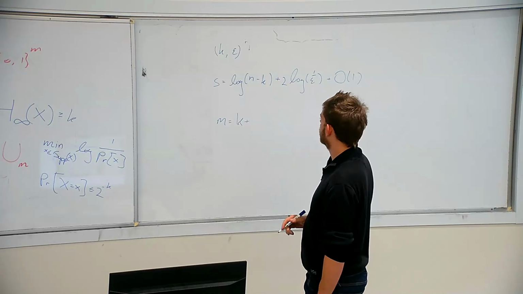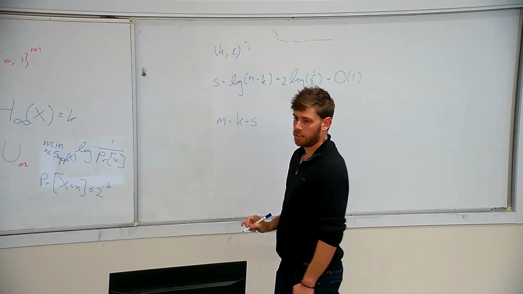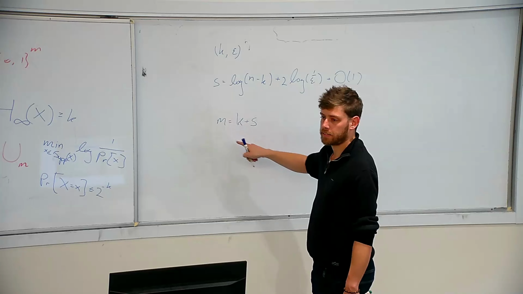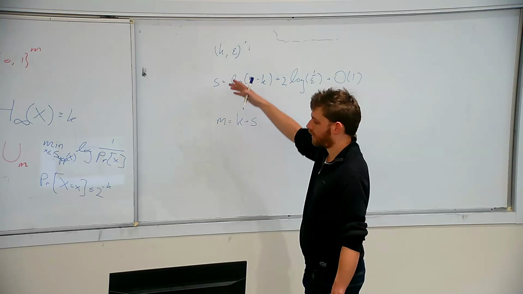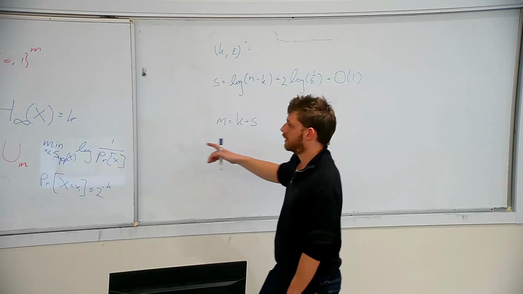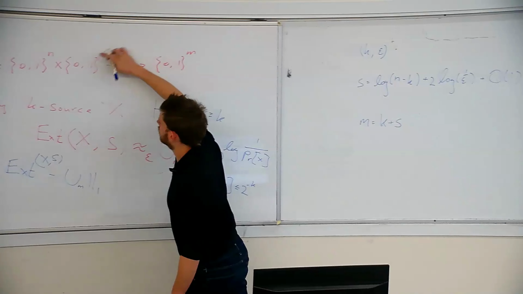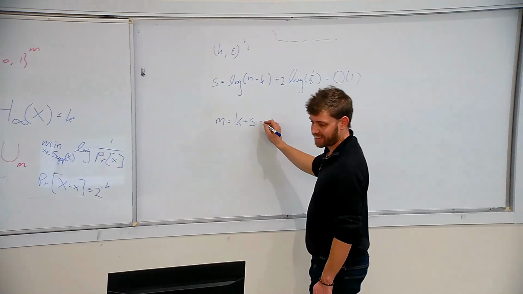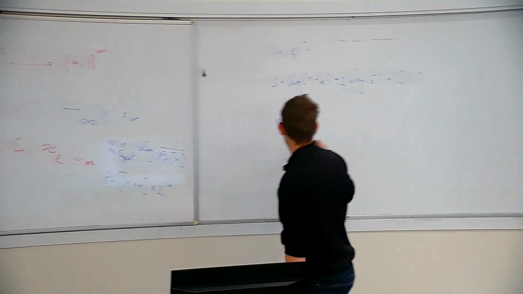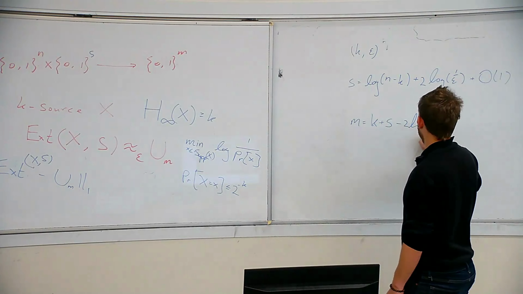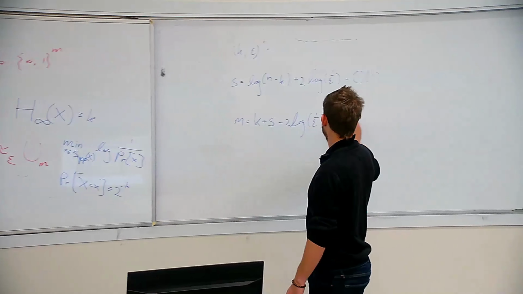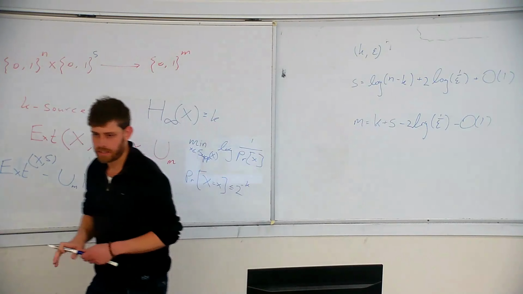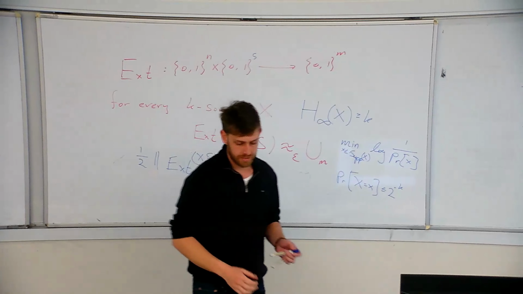K plus S, actually, minus log 1 over epsilon, because you can think of it as the number of random bits that we had before: X had K random bits, and we added the seed. Okay, we are not going to get close to these parameters today, but we're going to do something.